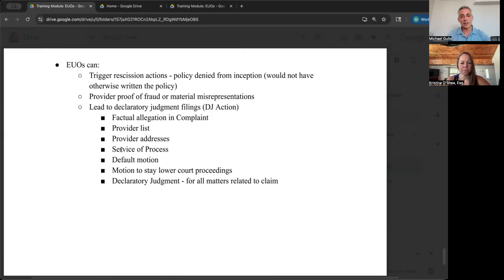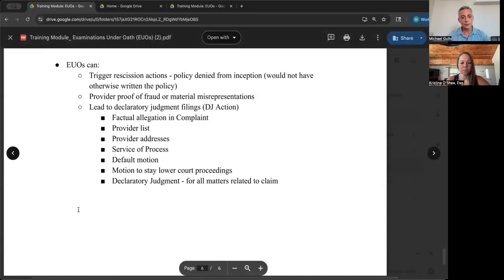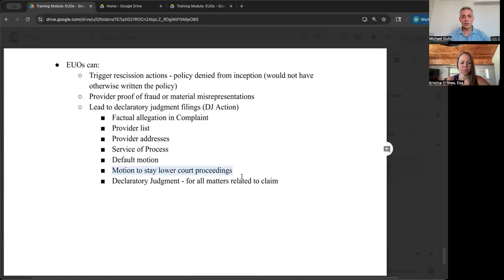Sometimes the individual claimants are a little tricky, but we do have their last known addresses, so we will use those. We do make motions to stay the lower court proceedings sometimes if there are a lot of them and the DJ is taking a little bit of time. Often the Supreme Court will grant that request and stay all the lower court proceedings until the DJ is resolved, so that there aren't inconsistent decisions floating around out there.